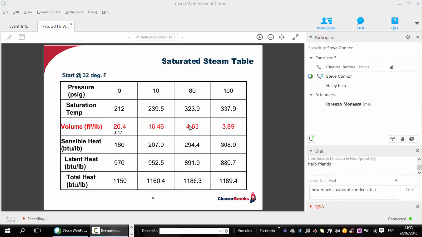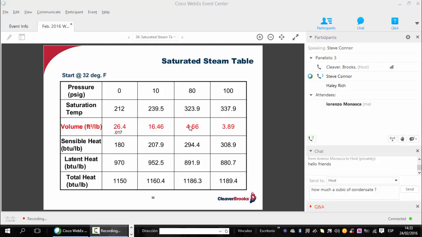Now, the small number, 0.017, below the 26.4, is the volume of a pound of water at 212 degrees. And when it changed to steam, it occupies 26.4 cubic feet, or approximately 1,600 times more volume.